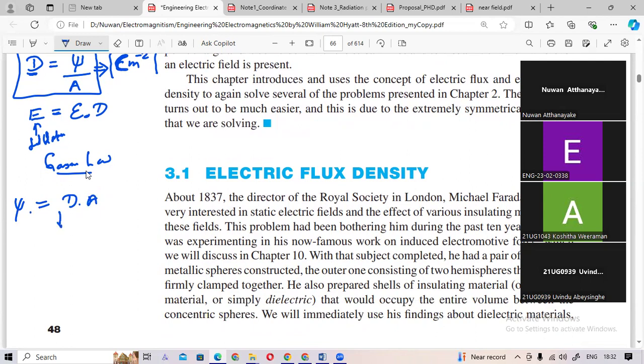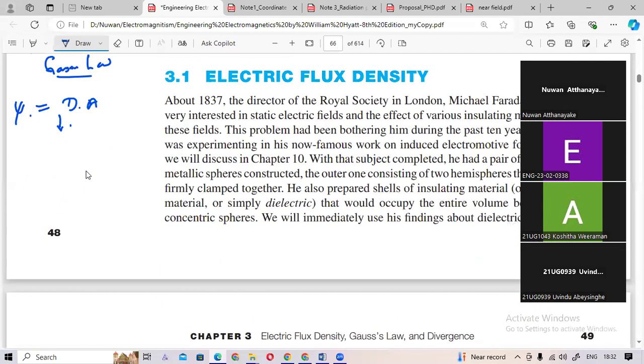This is the basis for Gauss's law. Gauss's law states that the flux density through a surface is equal to the enclosed charge. To calculate the total flux, we should do the surface integral, and this integration should be over the closed surface. So this is Gauss's law.